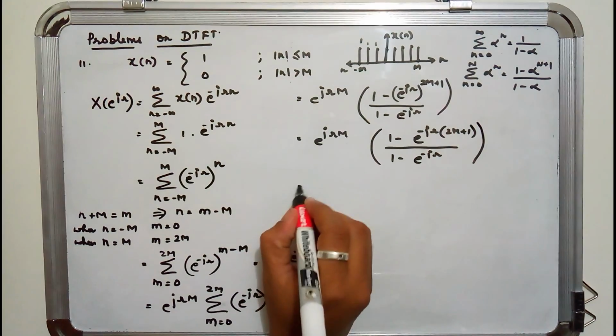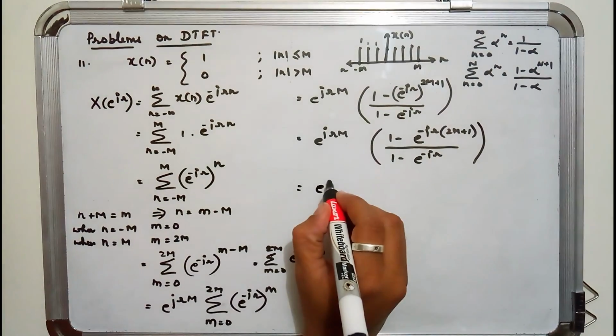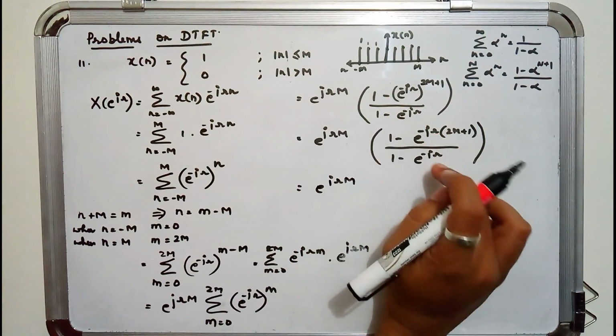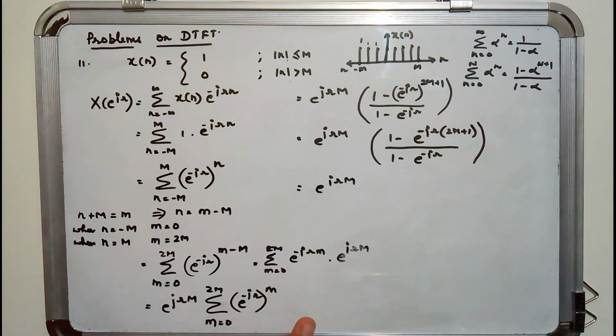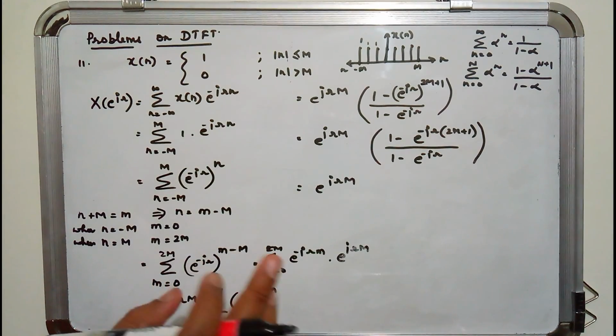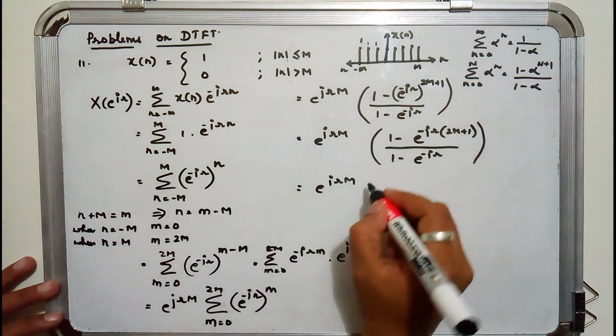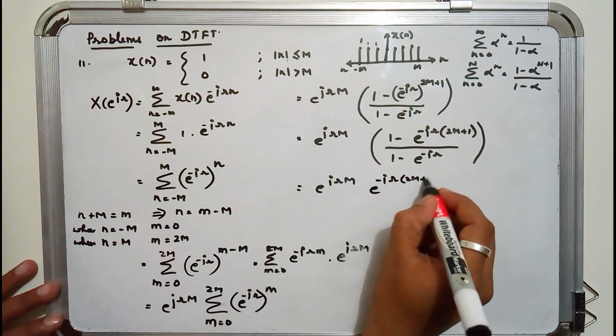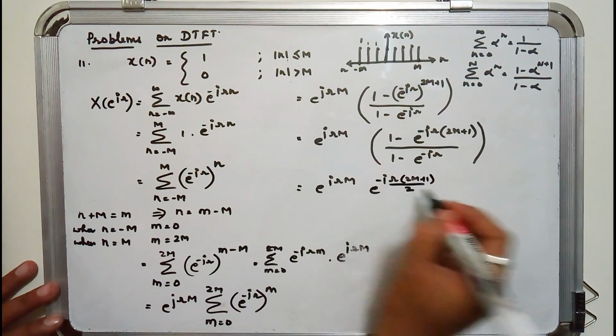Now if I rearrange the terms by taking half of this out and half of this out, that means I am taking e power minus j omega (2M plus 1) divided by 2 out.